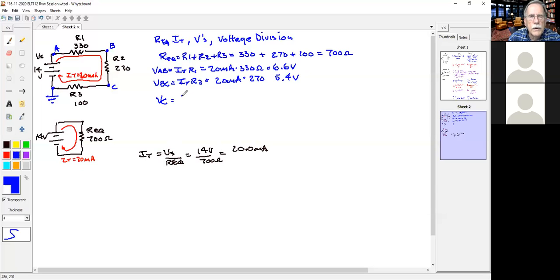Using the voltage divider theorem, it says that it's the one you want to find the voltage across, which in this case is R3, because from C to ground, we've got R3, divided by REQ times V sub S. So I've got 100 over 700 times 14 volts, should be 2 volts.